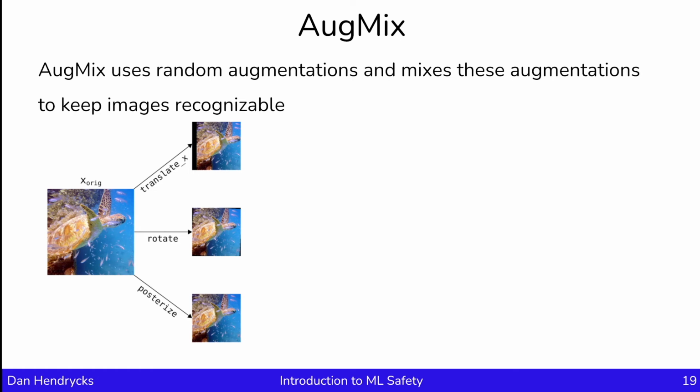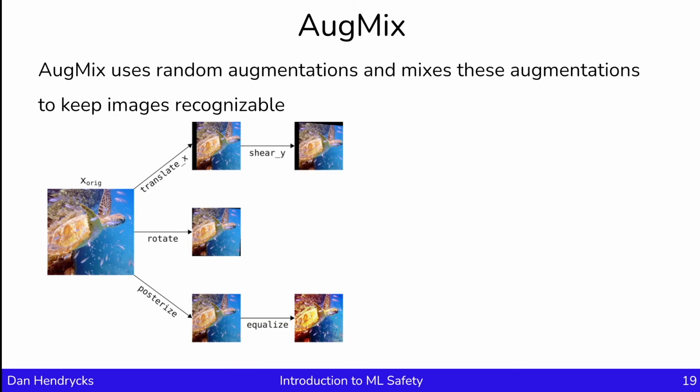Then, in the next step, AugMix potentially continues to augment the images in these branches. So, in this case, the first and third branch were continued to be augmented. These shear and equalize operators were randomly sampled from a larger pool of operations. Then, augmentation continues, in this case with posterize for the third branch, and the first branch didn't continue to be augmented.